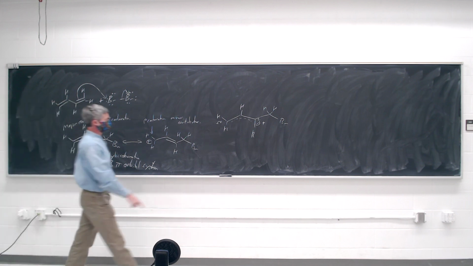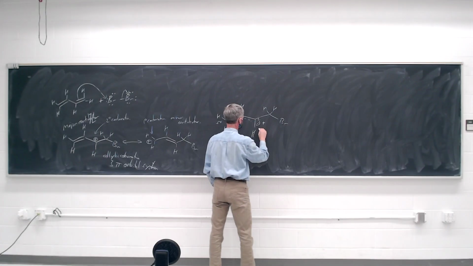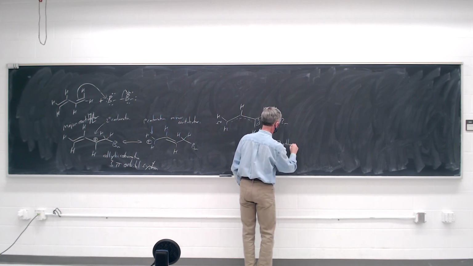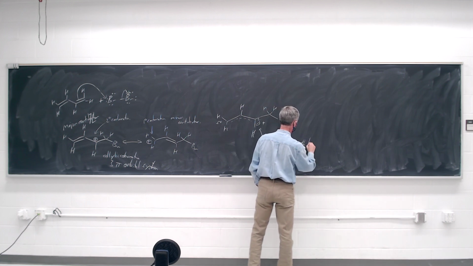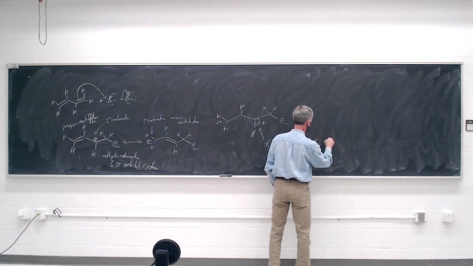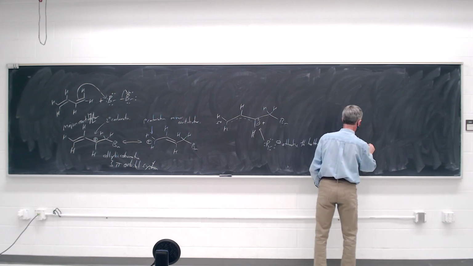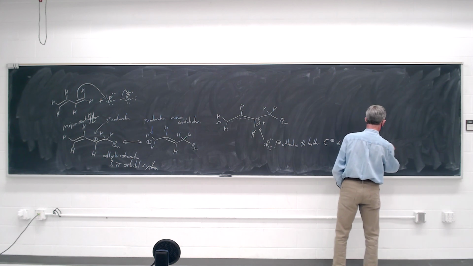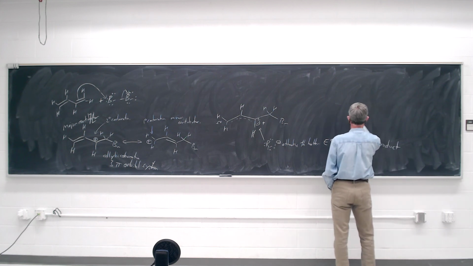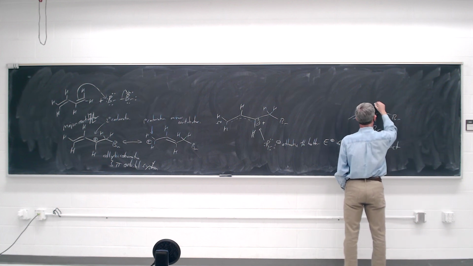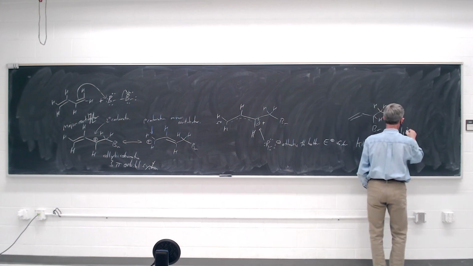So if you're bromide, this is the better electrophile. So the kinetically controlled product will look like this. This is a 1-2 addition.